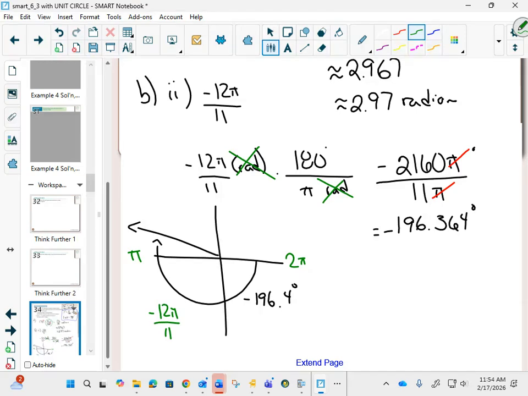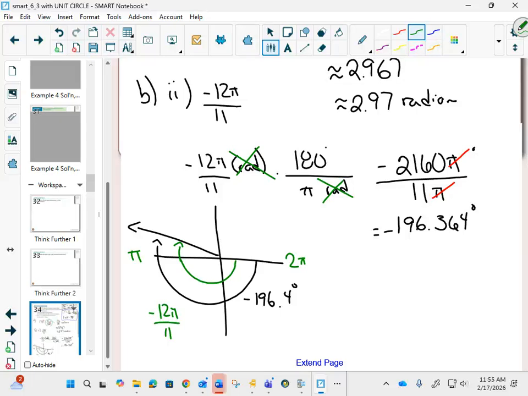Can you see that that's a little bit more than just the number part? A little bit more than negative 1, because 12 is bigger than 11. So this would be negative 1 pi. And then if I broke this up into 11 equal sections, that would be going 1/11 more. That's where we're going to start thinking in that direction.